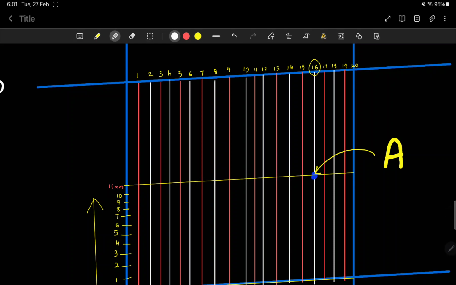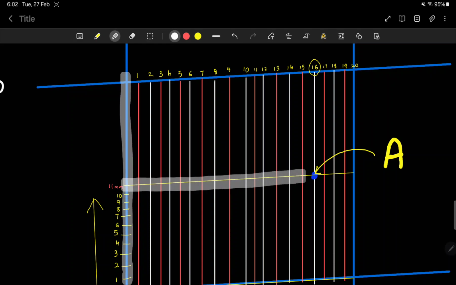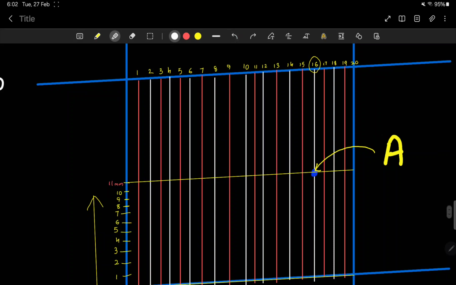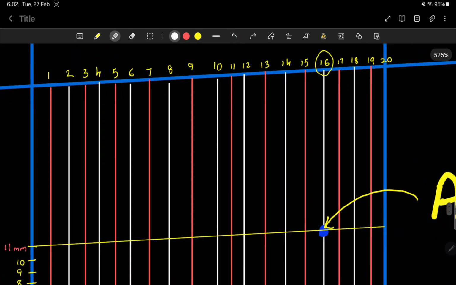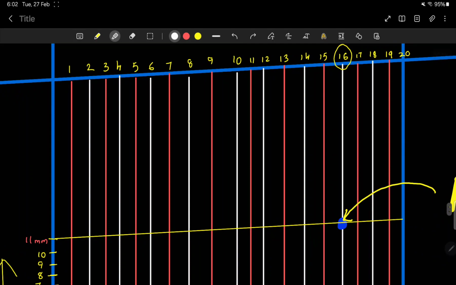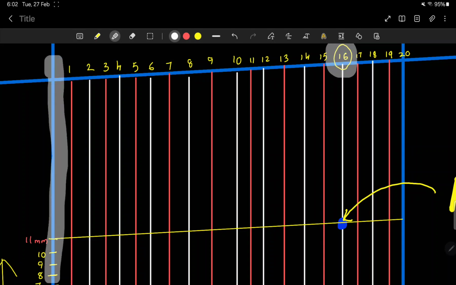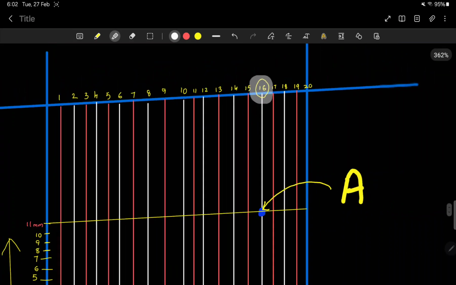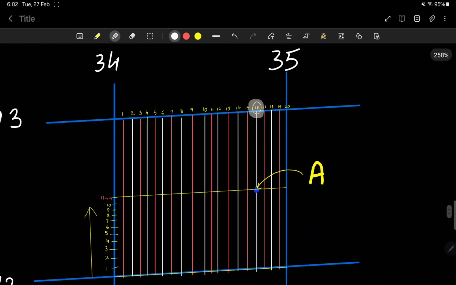You can use a regular scale, and we calculate in millimeters the distance of point A from this particular line, going towards the right. If we put a scale here, you can see that point A is 16 mm away from this line. So 16 is the distance from left towards right.